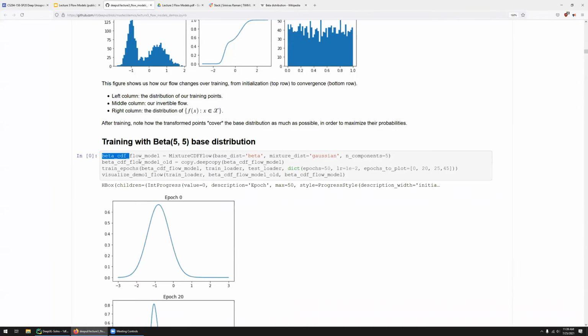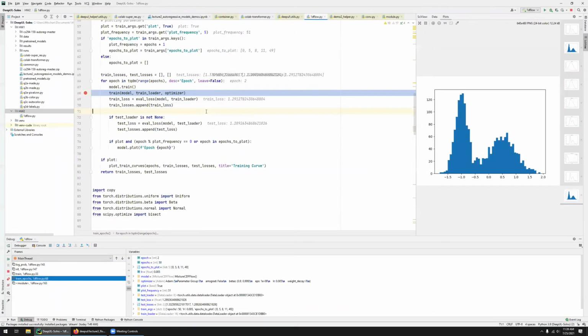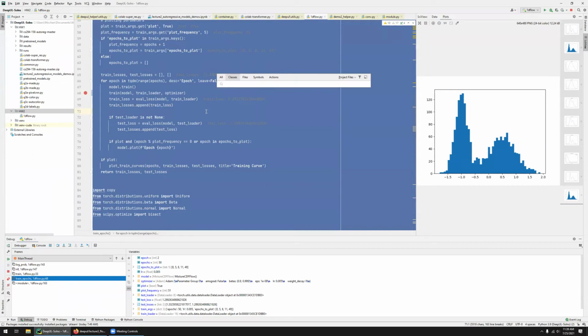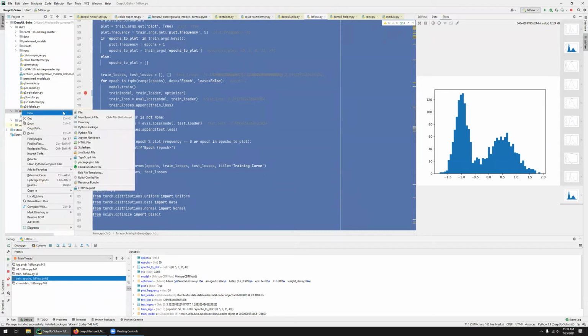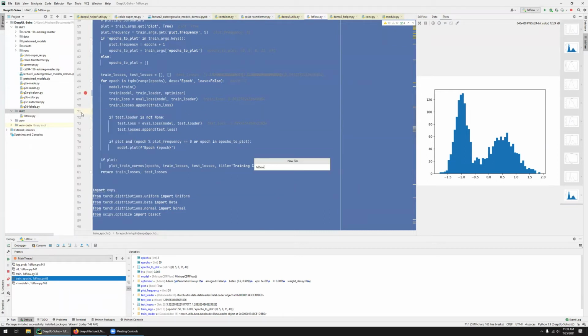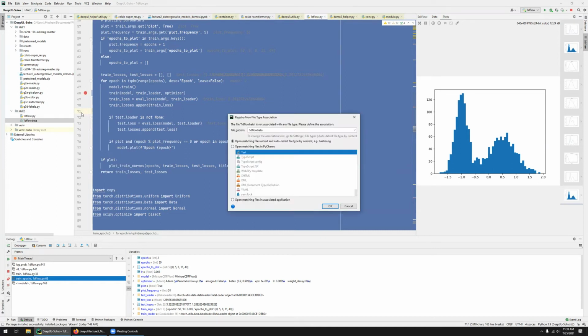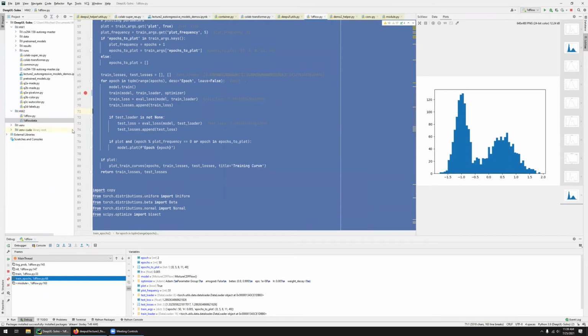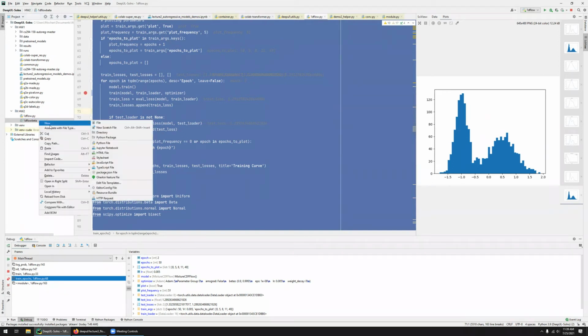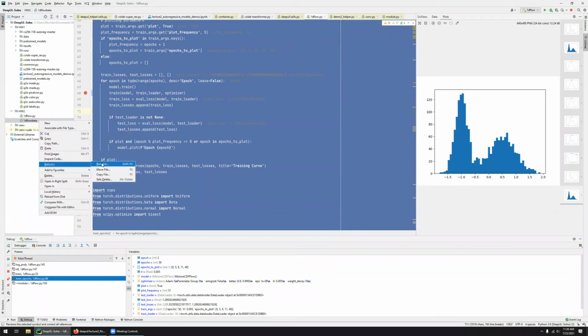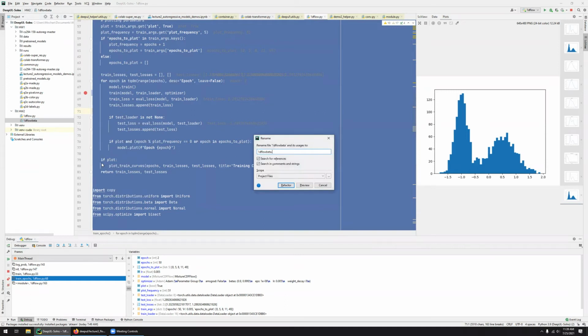I didn't make this one here, but we just see if that is non-zero. Okay, what did I do wrong? Okay, Shift F6.